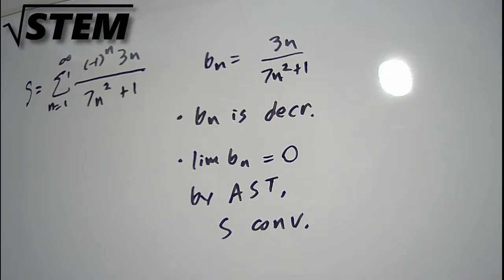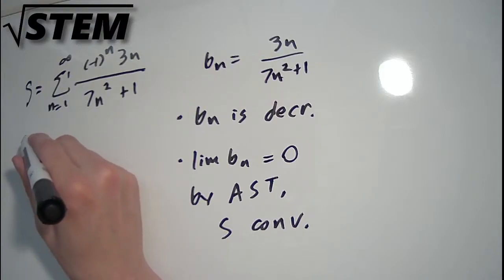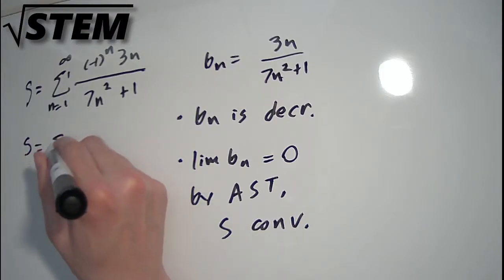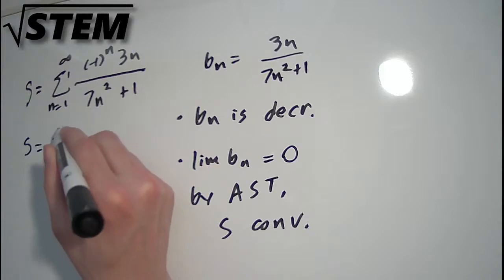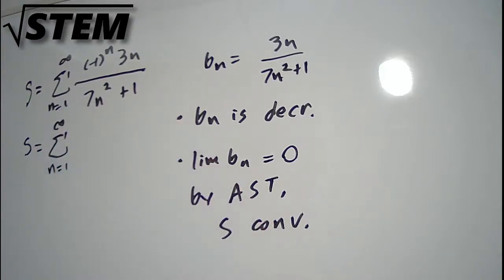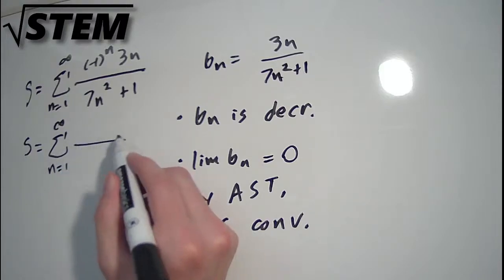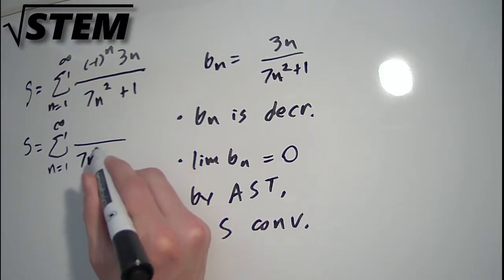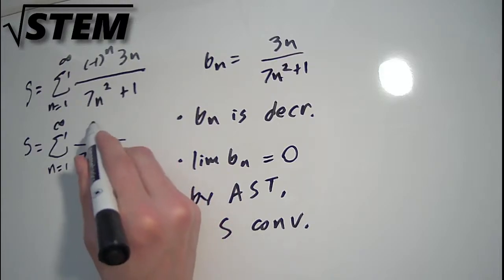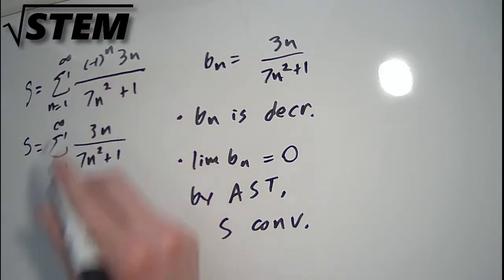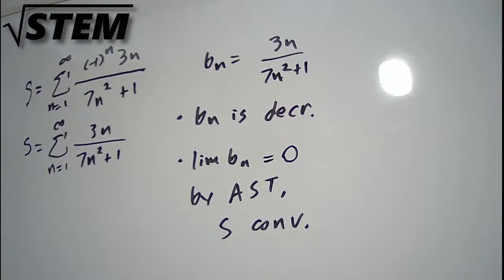Now we need to look at the absolute value of the series. This time I don't think we need to do any special rewriting. It's just going to be that, but without the (-1)^n.